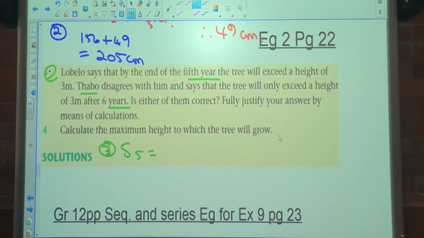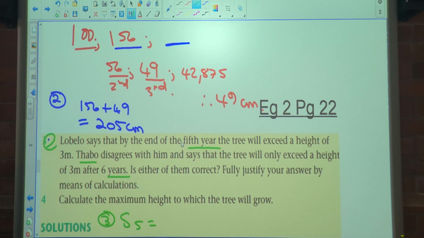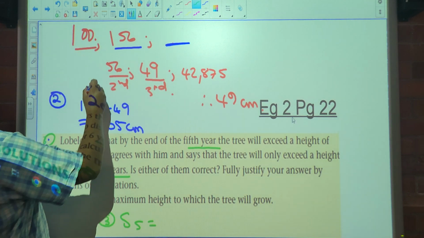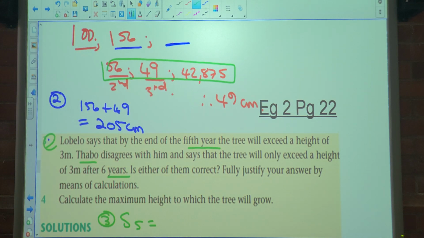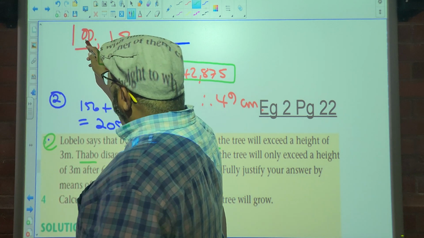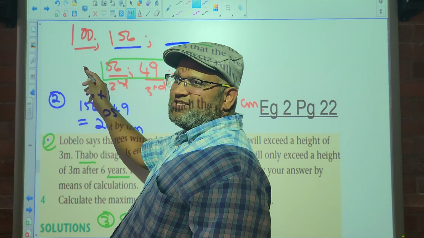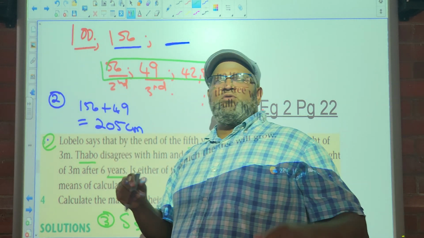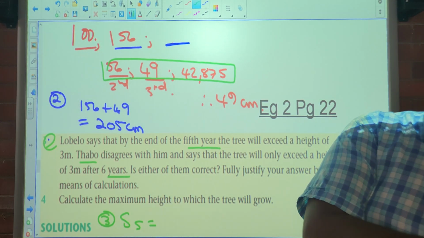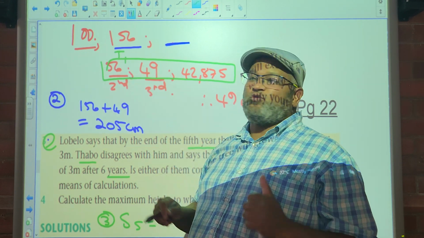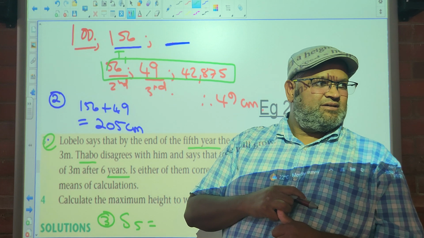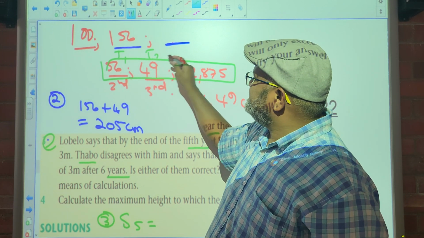Now remember, importantly, here we have a pattern or a sequence. And that 100 does not conform to that sequence. Can you see that? So after the first year, that doesn't conform, but this is term 1 of the sequence, that's term 2, this is term 3.